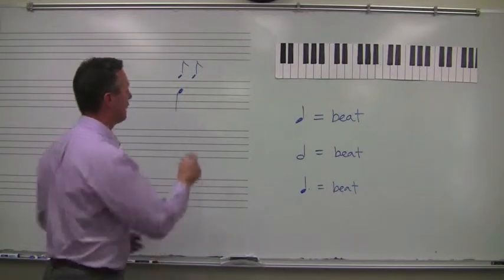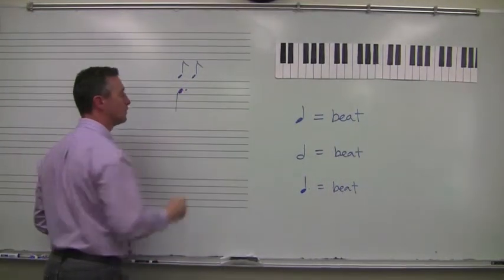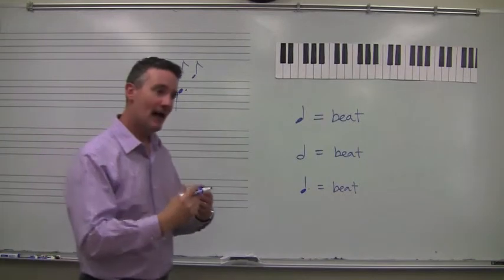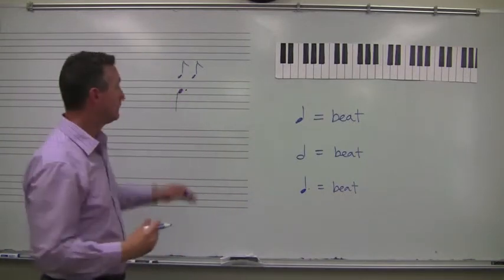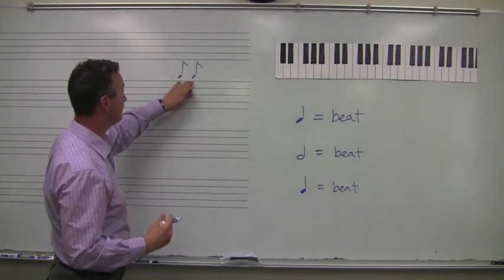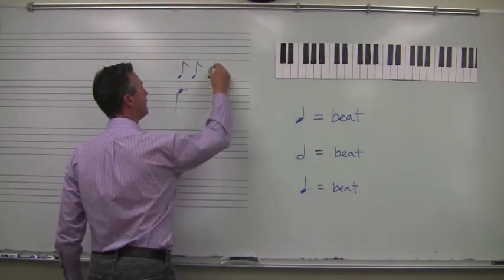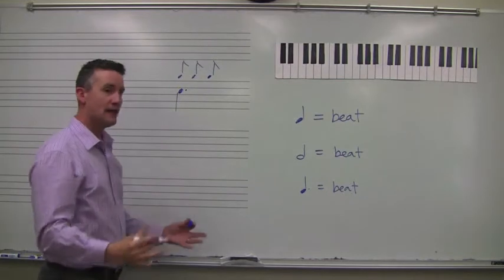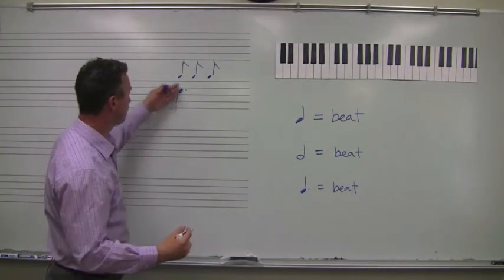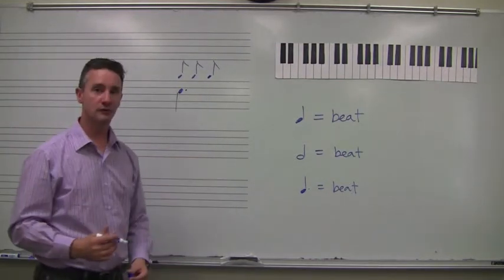If we add a dot to a quarter note, we lengthen it by half its original value. So that means one more eighth note, creating 3 eighth notes to the value of a dotted quarter note.